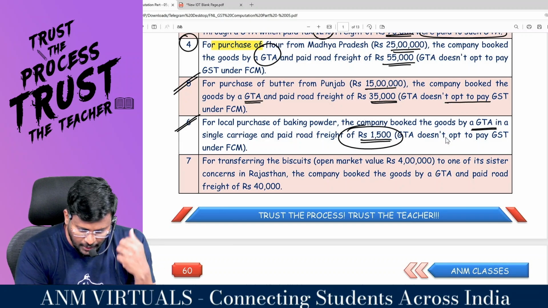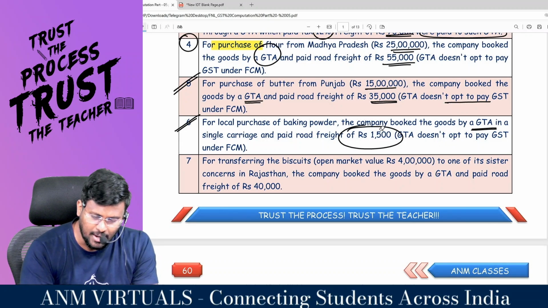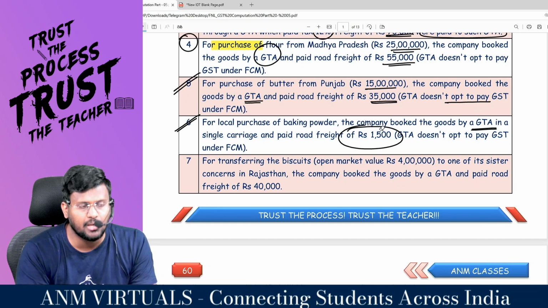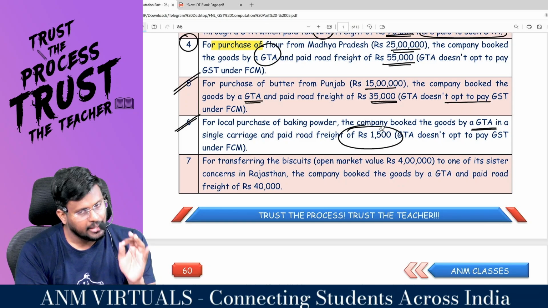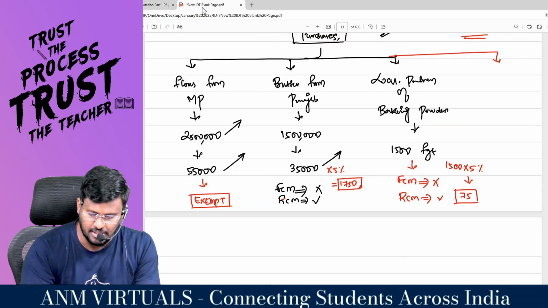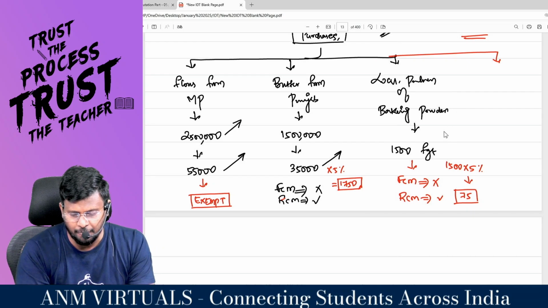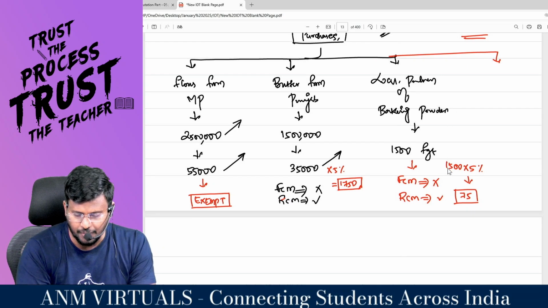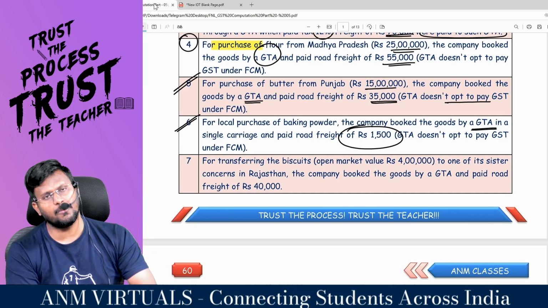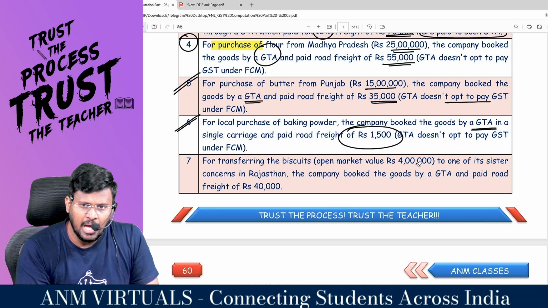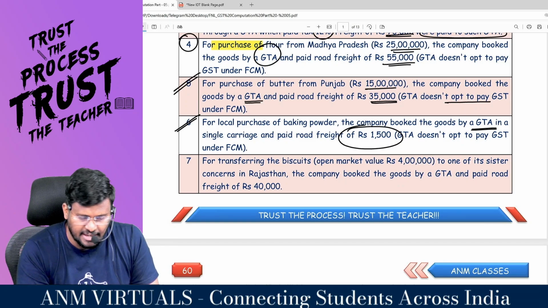So even though the consideration is 1 rupee for GTA, my dear lovable students, GTA is taxable at what CM? RCM. So for local purchase of baking powder with 1,500 rupees freight, FCM will not be applicable. 1,500 into 5%, 75 rupees we have to pay, sir, from our pocket as what CM? RCM, and that amount can be taken as ITC.